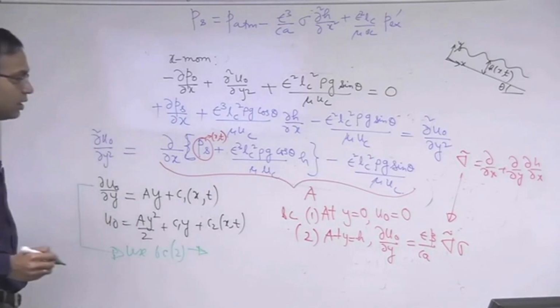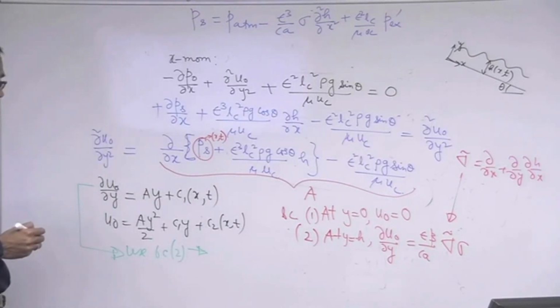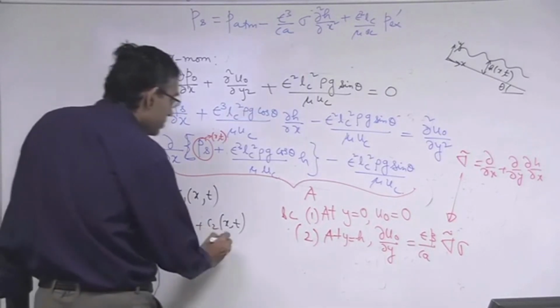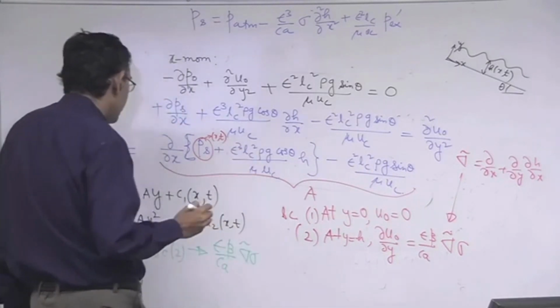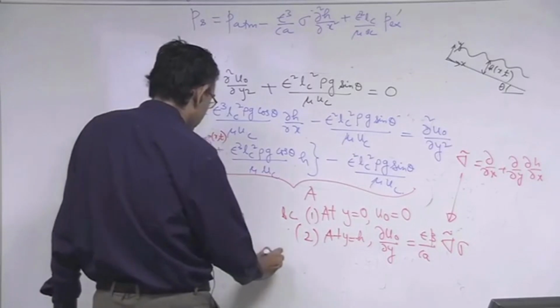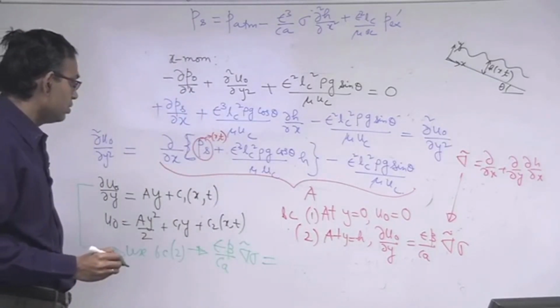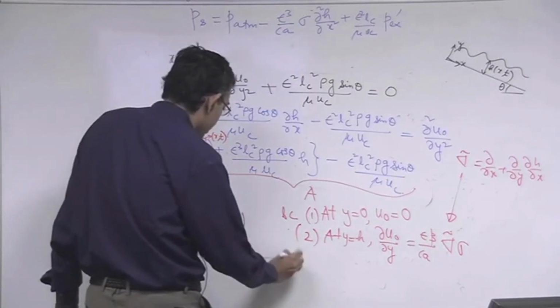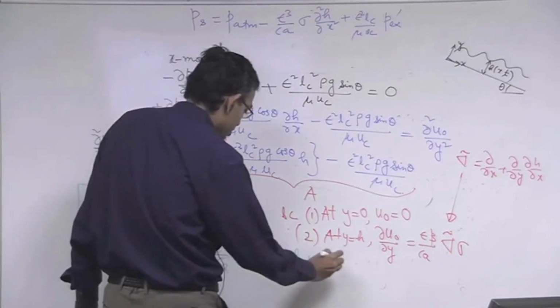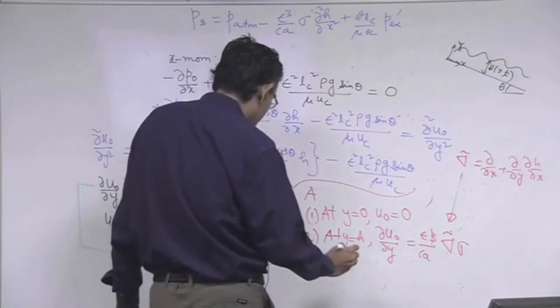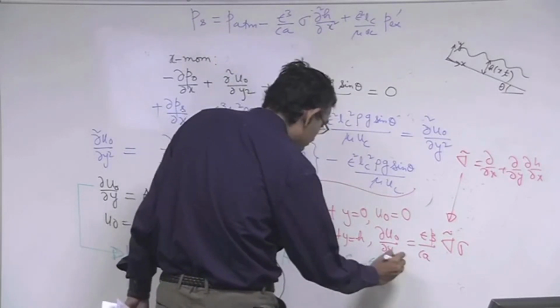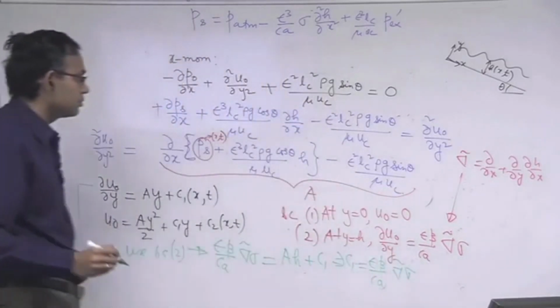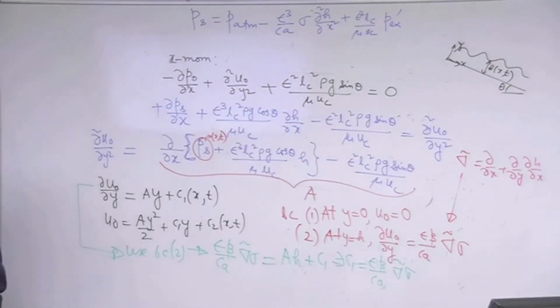So if you use the boundary condition 2, then epsilon beta by capillary number del tilde sigma is equal to A H plus C1, which means C1 is equal to epsilon beta by capillary number del tilde sigma minus A H.